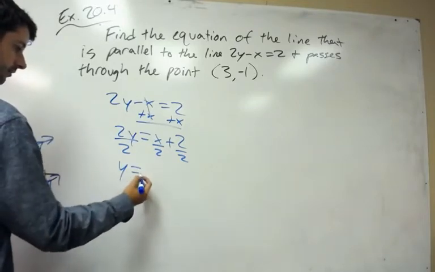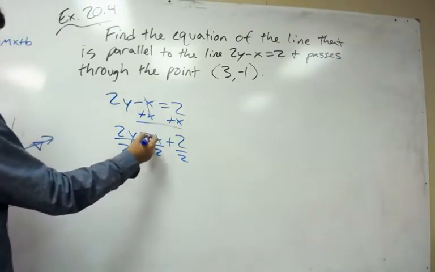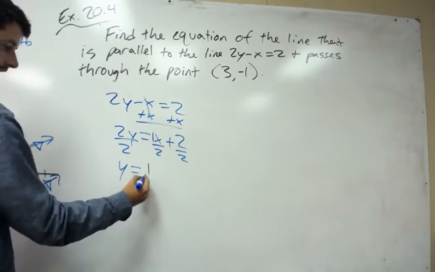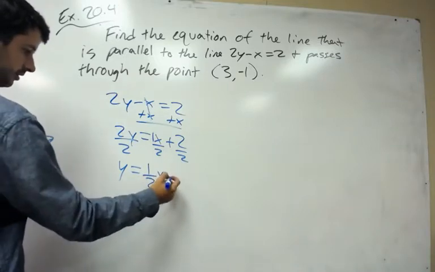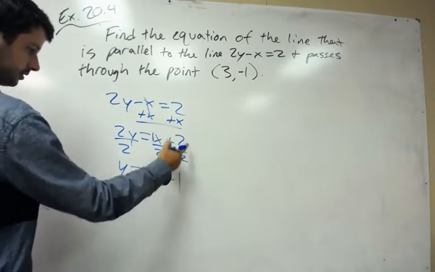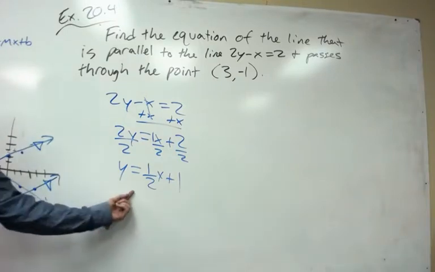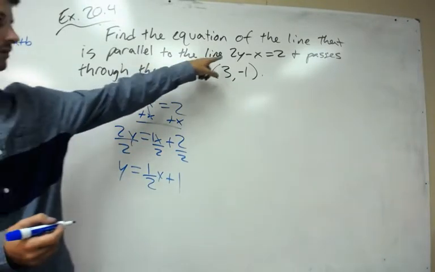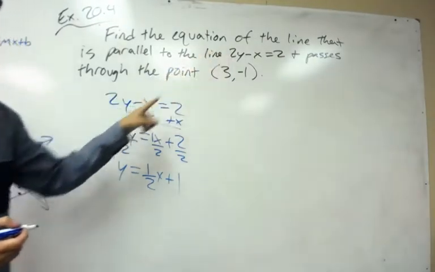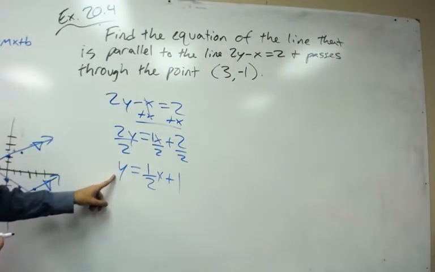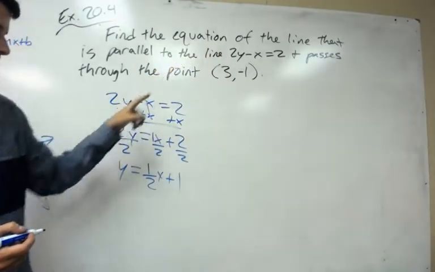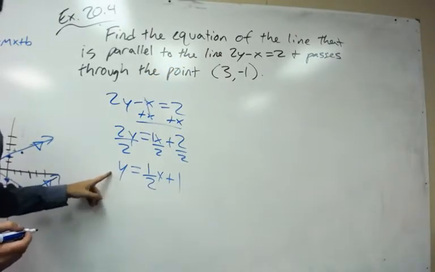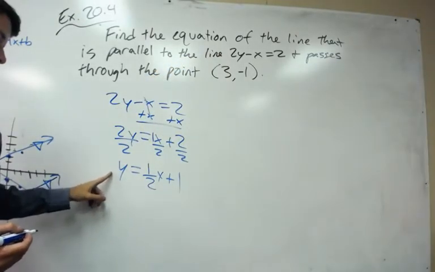Y equals, if it looks like this, you can imagine a 1 there. So it'd be 1/2 x plus, well, what? 2 over 2 is 1. So this is our equation of this line. So we just turned this line into this format. These are the same thing, but you want to graph from this equation here.